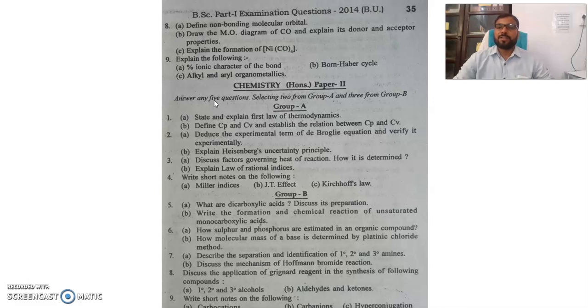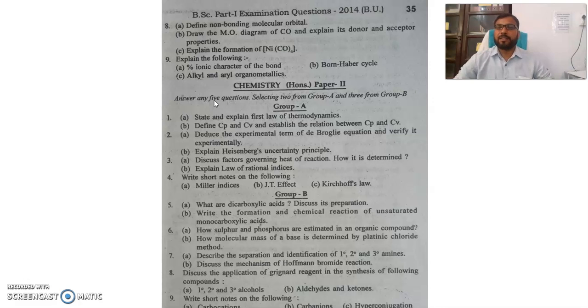The next question: discuss factors governing heat of reaction, and how it is determined. And the last question, explain law of rational analysis of question 3. Now question 4, write short notes on the following: Miller indices, Joule effect and Kirchhoff's law.